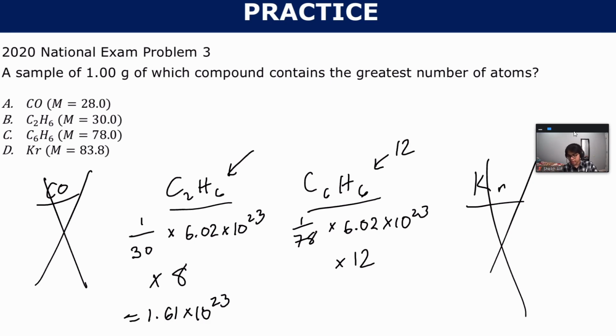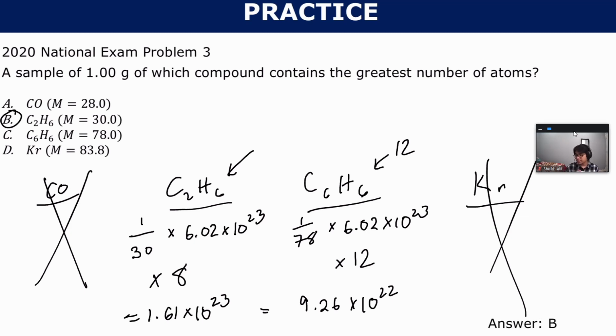That's 12. And let me just do the math out. We get 9.26 times 10 to the 22nd atoms. So I guess they're pretty far apart. C2H6 has a lot more, and so therefore C2H6 or B is the correct answer. And let me check. Yeah, we were right.